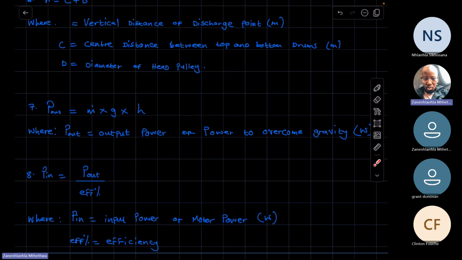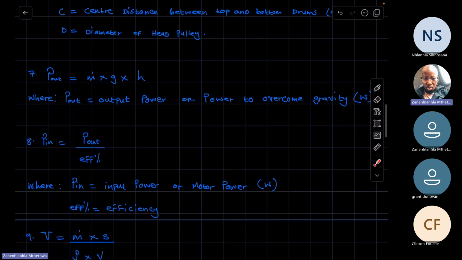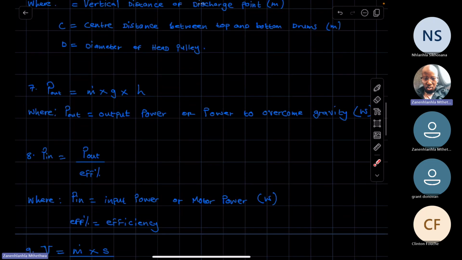They might say input power, or they might say your motor power or power from the motor. They will give you an indication though as to which power you need to calculate, of which most, if not all the time, it will be the input power.